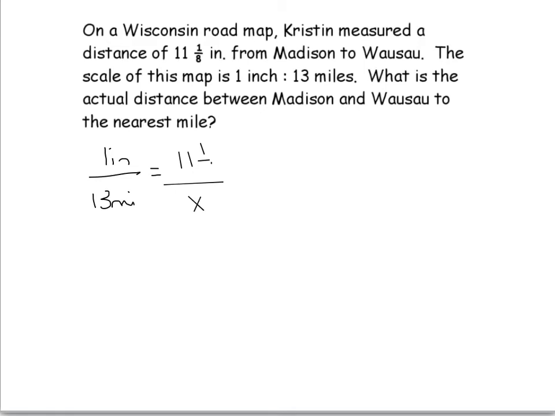Now, if this 1/8 messes with you, type it into the calculator. But we know how to solve this. Use your cross products. We get x is roughly 145 miles. Remember, we're rounding to the nearest mile.